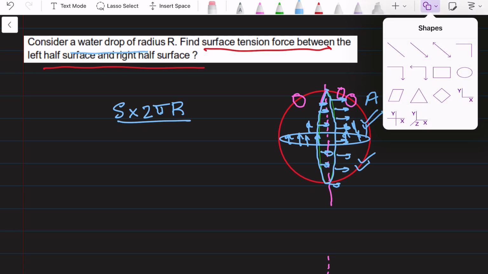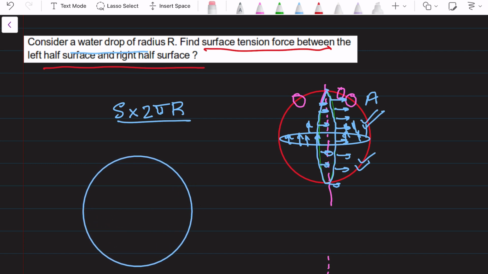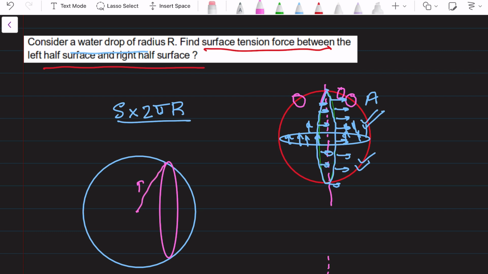Not only this, if I extend the question to some other level also, let us say somebody asks, this is a spherical drop of radius capital R and we are considering only at a distance of small r, we are considering this part, means only this part has been considered. What is the force exerted by this part A on the part B?